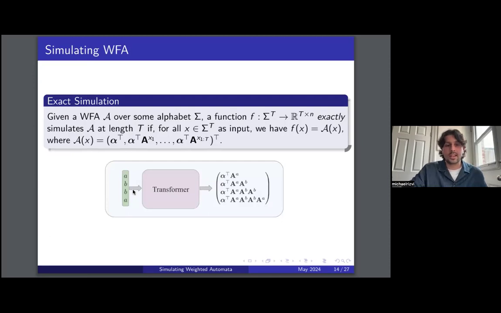Essentially, given some word as input, what we want as output is the intermediary states. Before we apply the final weight vector beta, we want to show the vector corresponding to the multiplication of the initial weight vector with each corresponding character. For example, we have the word ABBA.